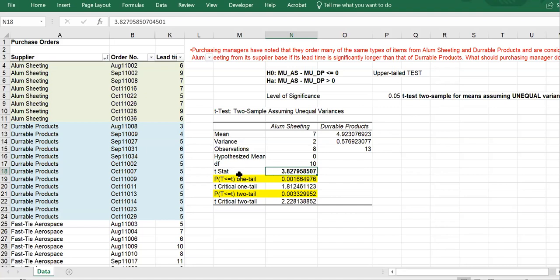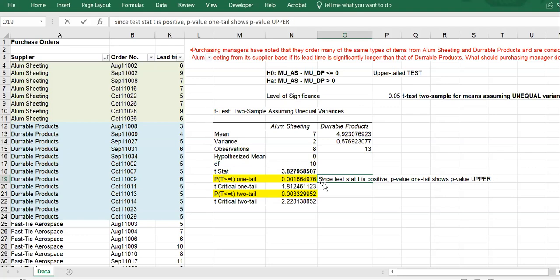But anyway, since the t statistic is positive, the p-value one tail shows the p-value upper tail.